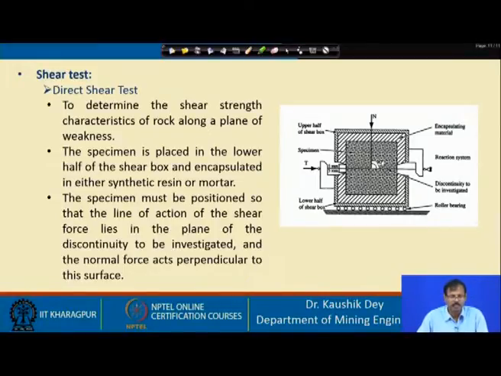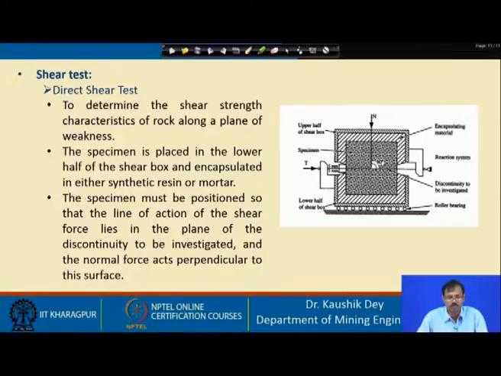Basically in between these two strengths there is the shear strength. The general value of shear strength of rock is lesser than the compressive strength, but higher than the tensile strength. Rock fails under shear also, most of the time because n number of loads are acting on the rock in in situ condition, creating a shear loading.